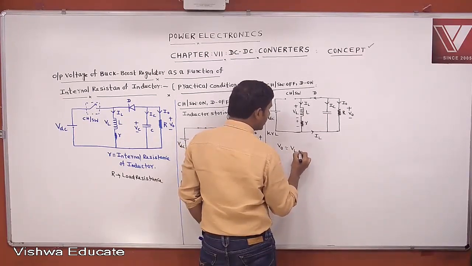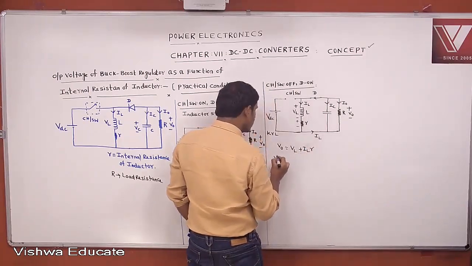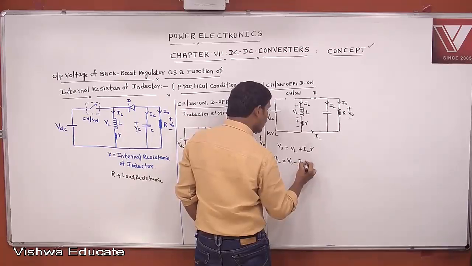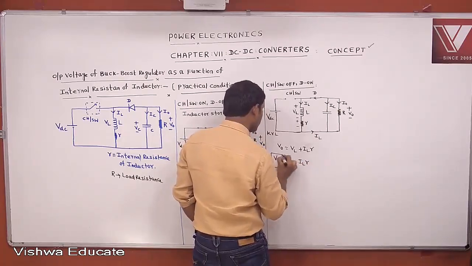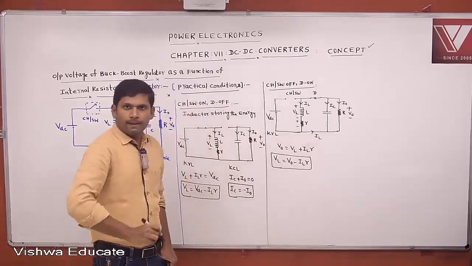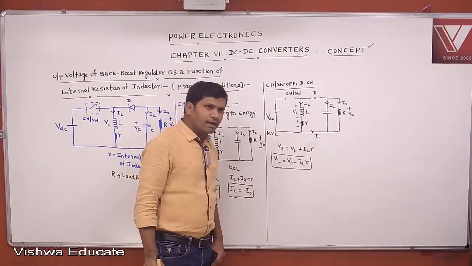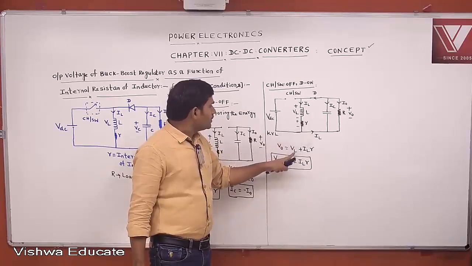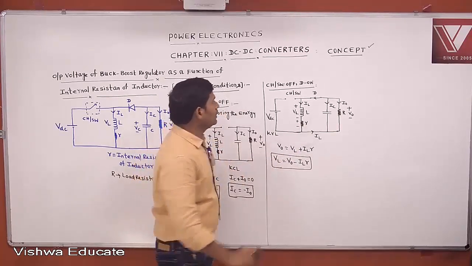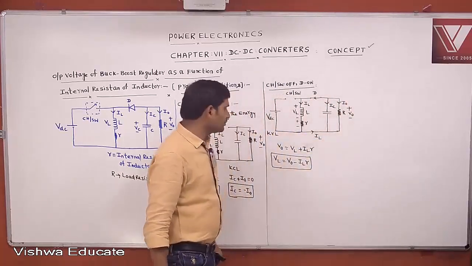VL plus IL into small r is equal to V0. From this, VL equals V0 minus IL into small r. This voltage is equal to this voltage because it's a parallel connection.